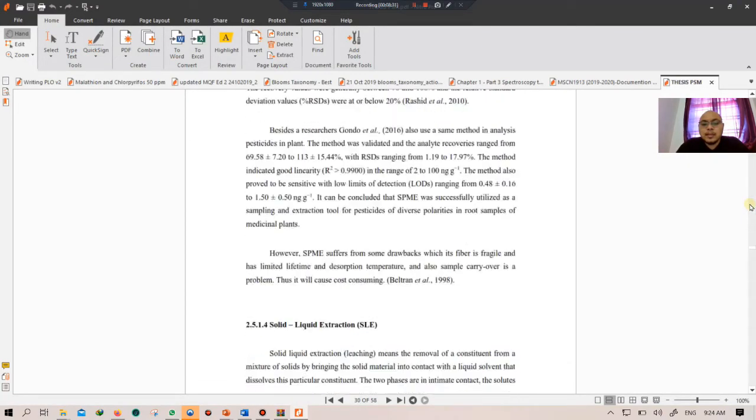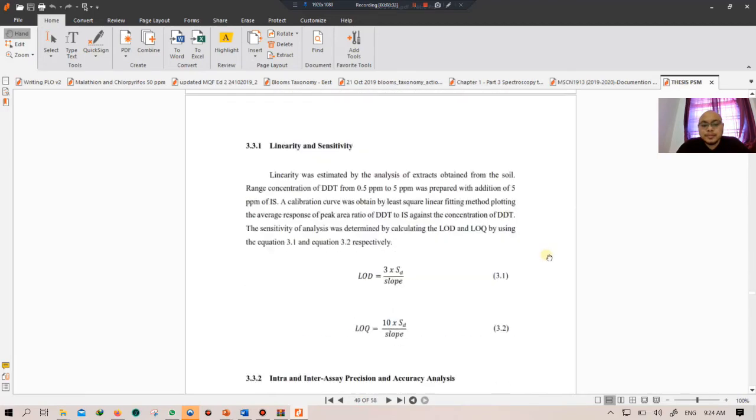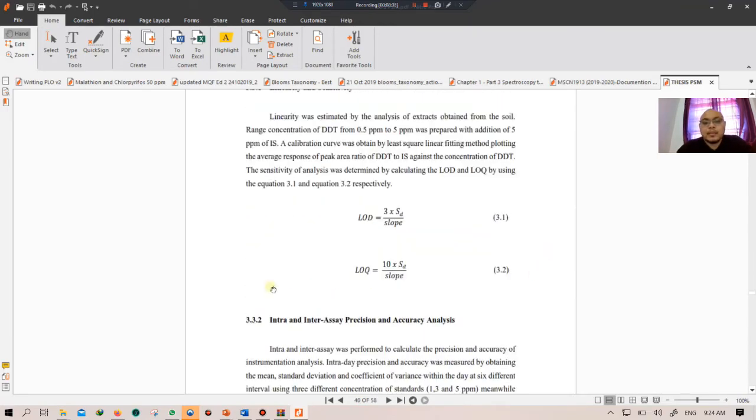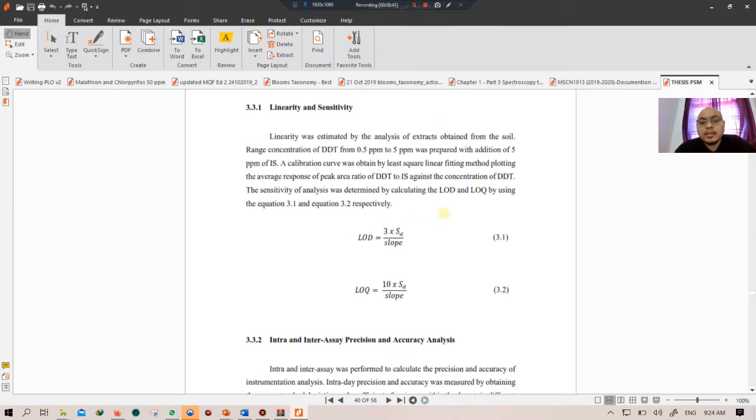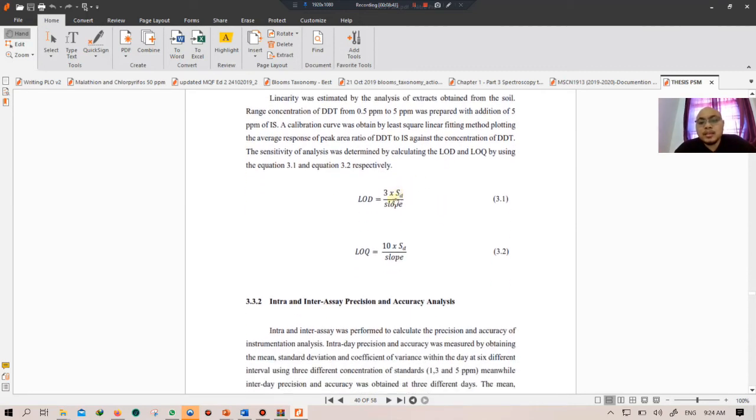Let's look at her chapter 3. This is the formula: 3 multiplied by the standard deviation over the slope. The standard deviation you can obtain by calculating through Excel. For LOQ, it is 10 multiplied by SD over slope.